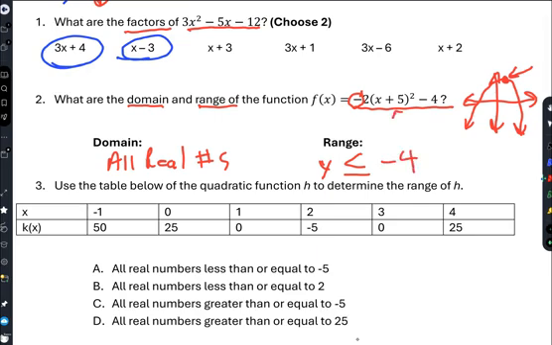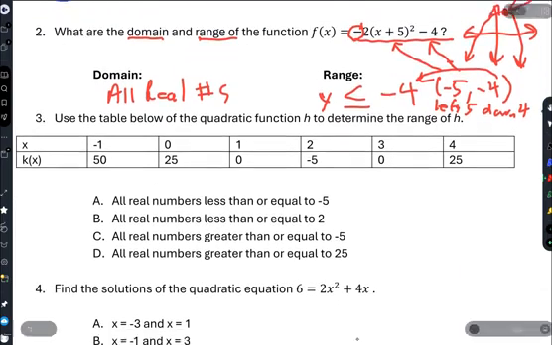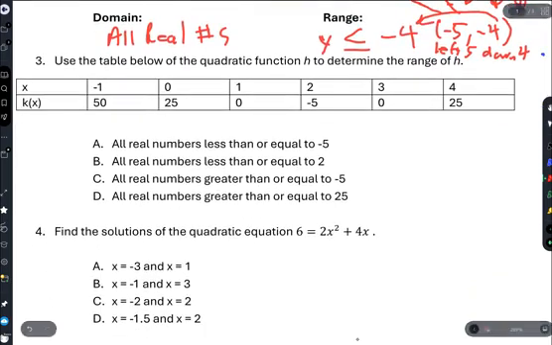And remember, this right here will give you the vertex. The opposite of a +5 is a -5, and that's a -4. This parabola would go left 5 and down 4, wouldn't it? That -4 goes to the range. Got to remember that, okay? This is in vertex form right here. It gives you the vertex.